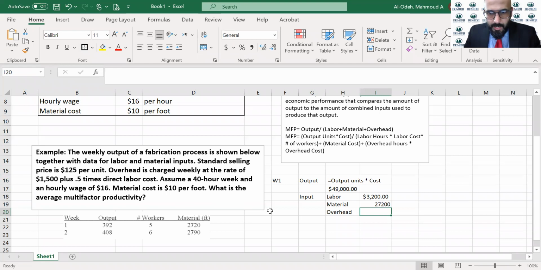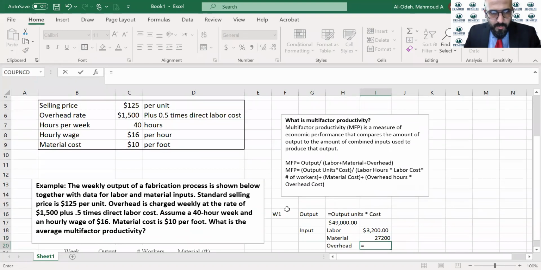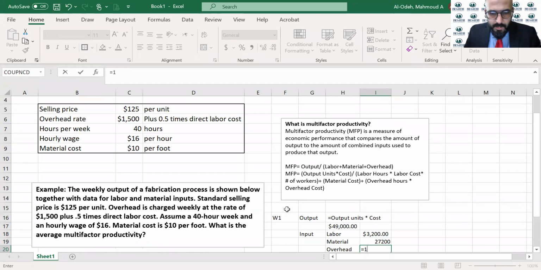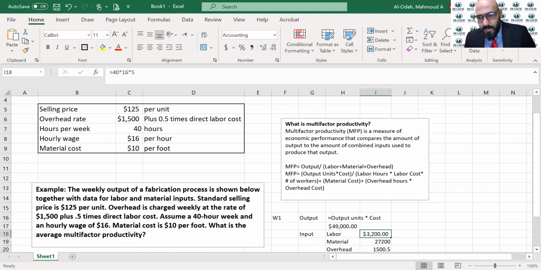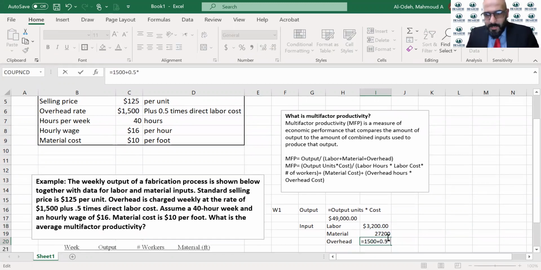All right, now we are going to the overhead. The overhead cost would be 1,500 plus 0.5 of the direct labor cost, which is 0.5 times the 3,200.